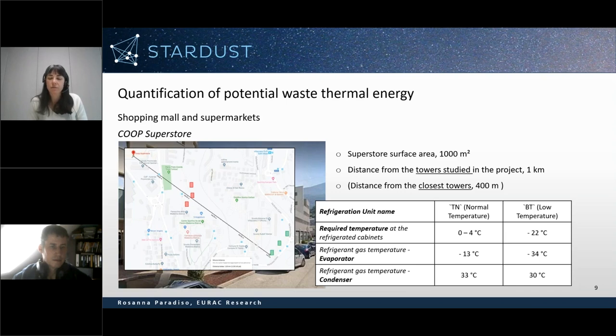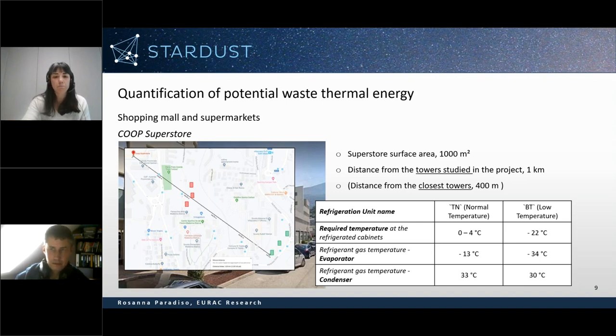So they have 2 refrigeration units, one called TN, which stands for normal temperature, because the cabinets must be kept between 0 and 4 Celsius degrees. The refrigeration unit called BT stands for low temperature, because the cabinets must be kept at minus 22 Celsius degrees for, for example, meat or fish storing.